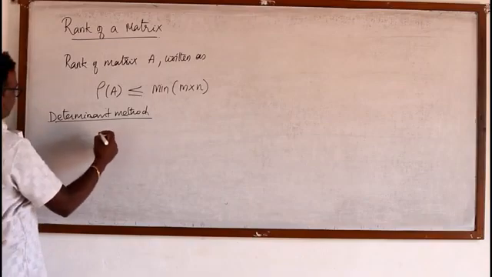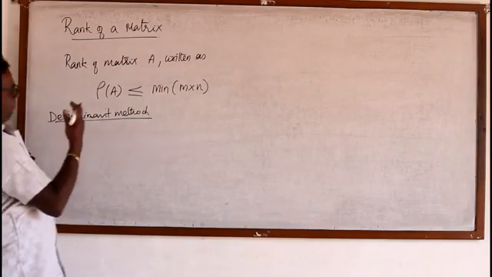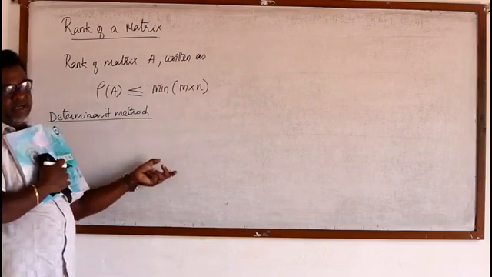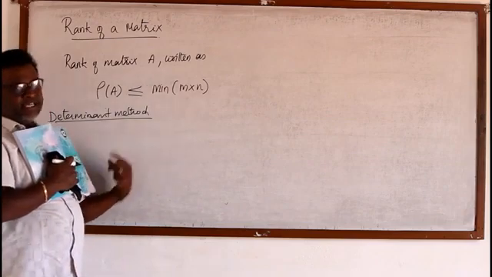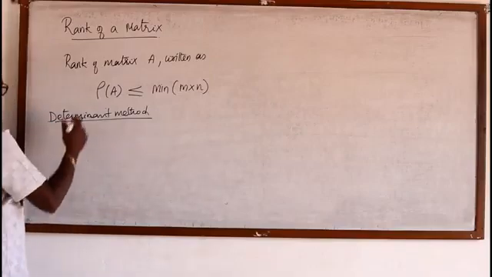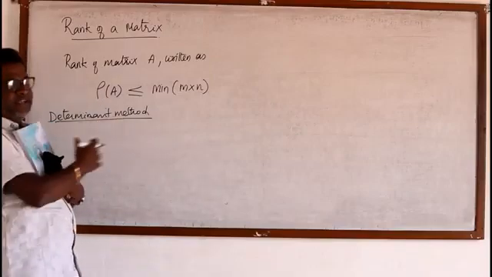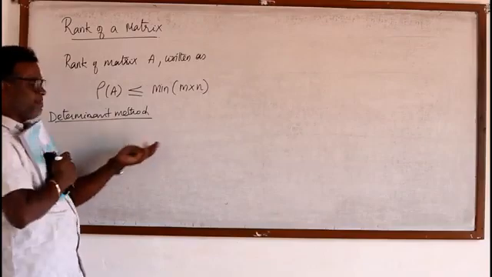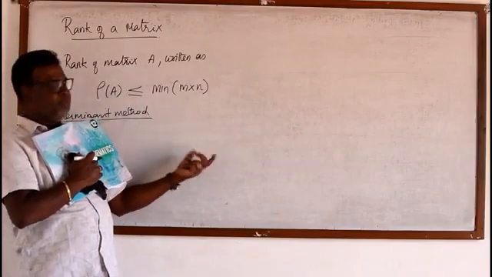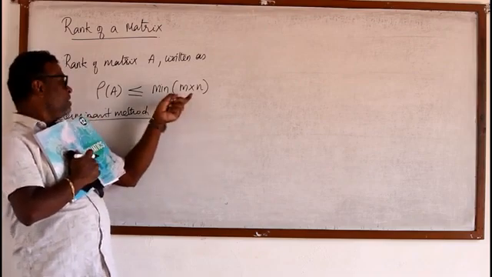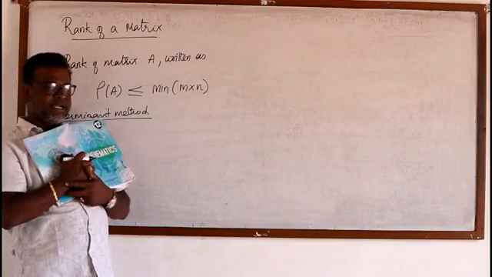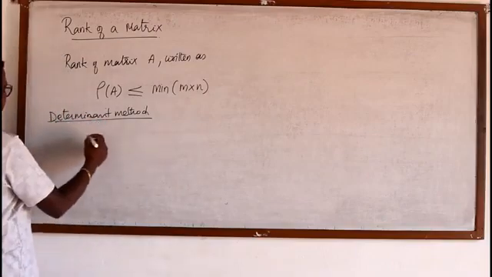Suppose a matrix is given of order m cross n, that is a rectangular matrix. By taking a cofactor matrix, it may become a square matrix, so make it a square matrix by suppressing a row and column. Otherwise, if it is a square matrix, we can take that matrix as it is and find its determinant.